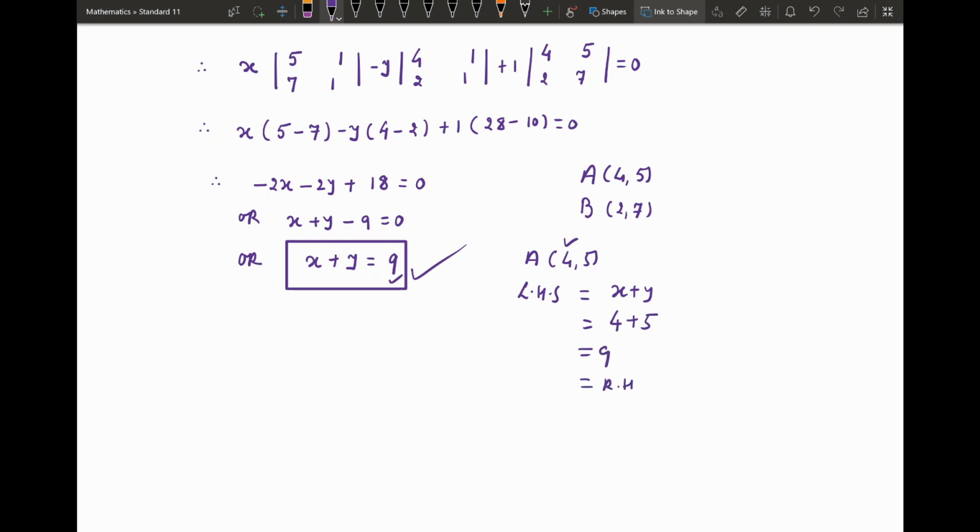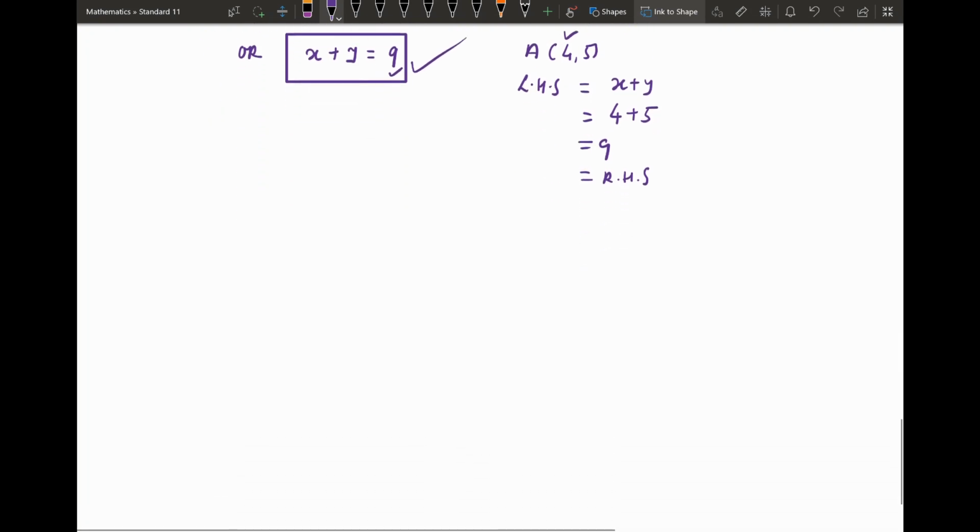So since the line passes through points A and B, the coordinates of A satisfy the given equation. Similarly, you can verify the coordinates of B will also satisfy it. So x plus y equal to 9 is the Cartesian equation of the line passing through A (4, 5) and B (2, 7).